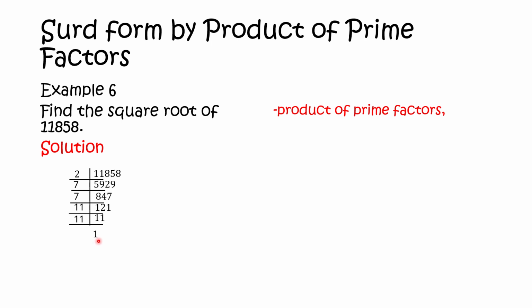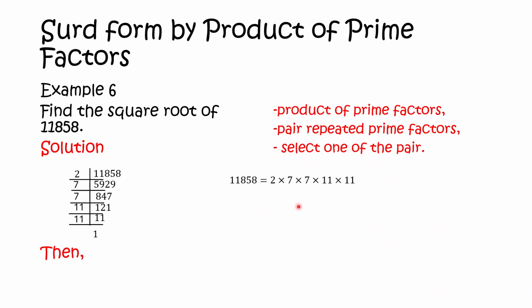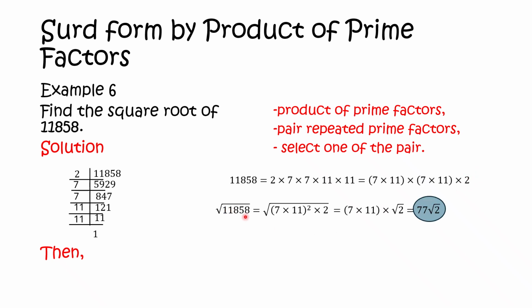So we have all our factors. We multiply them together, and we see that there is a 2 that is not paired. So we leave that one out. We just multiply 7 times 11. That is equivalent to being squared because it is repeated 2 times. Now, as we introduce the square root sign, we are going to have 7 times 11 squared times 2, with the square root affecting all of the terms.